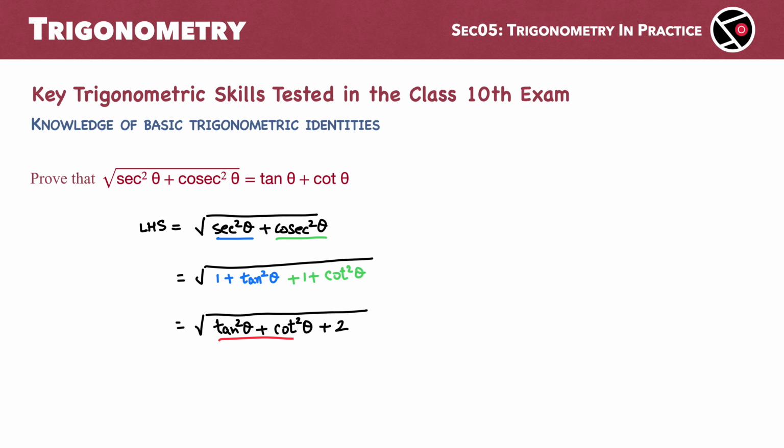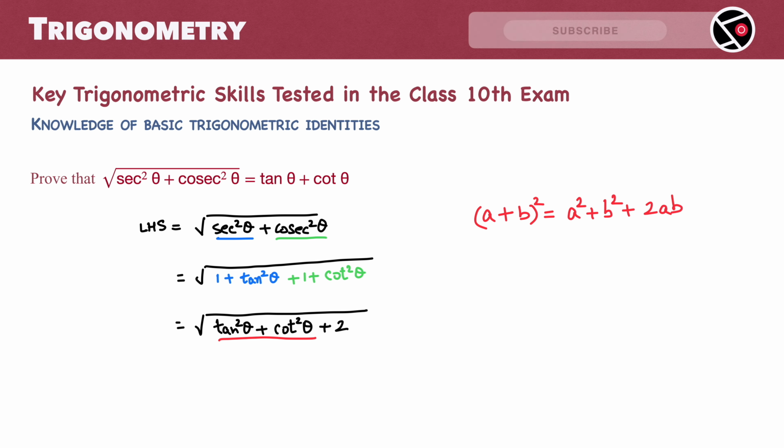Notice the sum of squares over here. What comes to mind is this identity. A plus B whole square equals A square plus B square plus 2AB. To match the format, we add and subtract 2 tanθ cotθ.